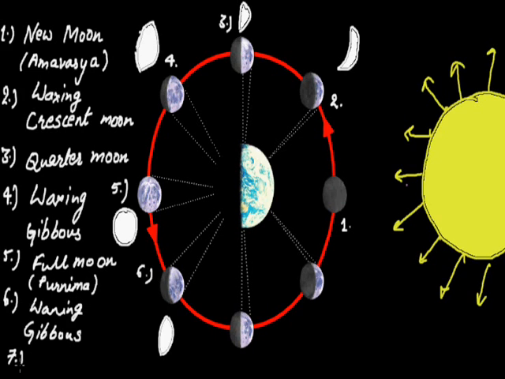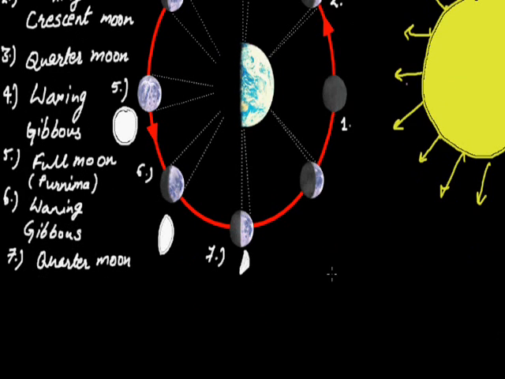Now we have the 7th position, and here we again have half of the moon illuminated, the quarter moon. At position 3 it is called the first quarter, and at position 7 it is called the third quarter.